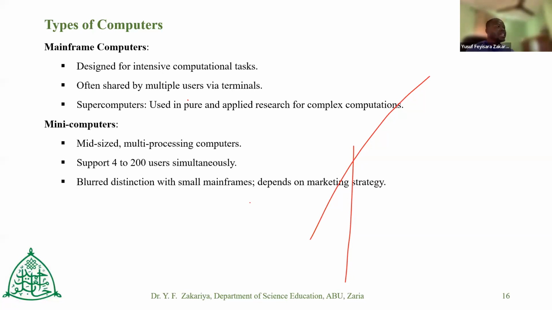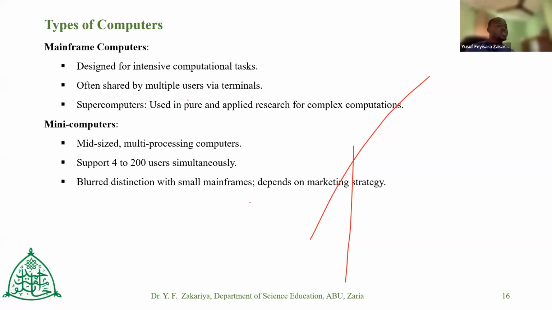Okay, another set of computers we can talk about are the minicomputers, the mid-sized multiprocessing computers. These can support up to 200 users simultaneously. I think the mainframe can support more than that, maybe unlimited, depending on the bandwidth.